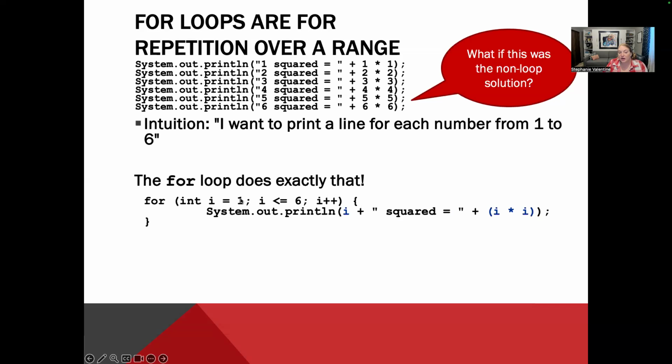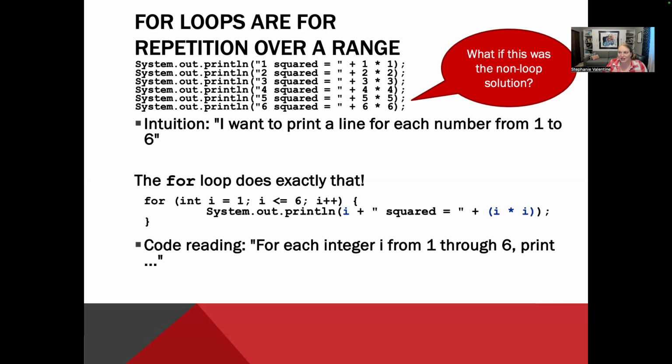So it is going to run the values of I as it loops through. It is going to have the value of 1, 2, 3, 4, 5, and 6. And once I becomes 7, this will fail and the loop will exit. I'll show you what that code looks like in a minute.